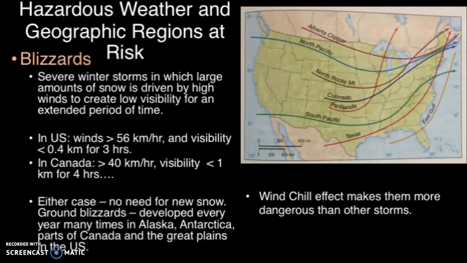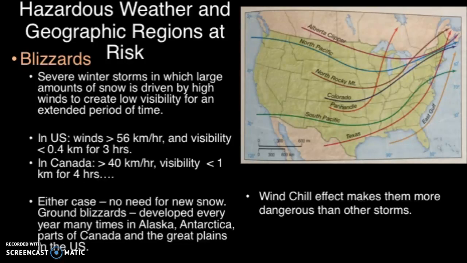So a blizzard is defined differently in the US than in Canada. In the US, a blizzard has to have winds over 56 kilometers per hour. The visibility has to be less than 4 kilometers, and then it has to last for at least 3 hours. And then in Canada, a blizzard needs to have winds of over 40 kilometers per hour.